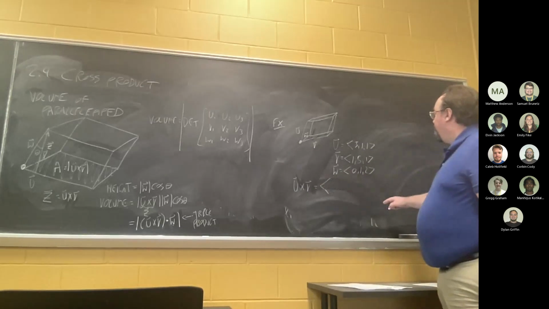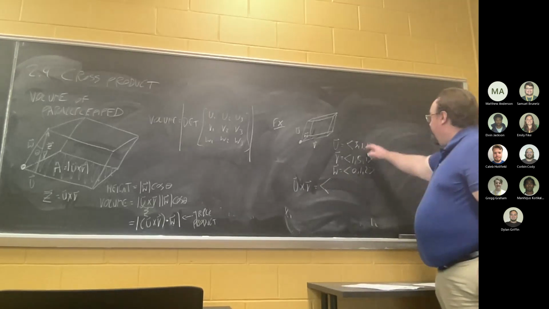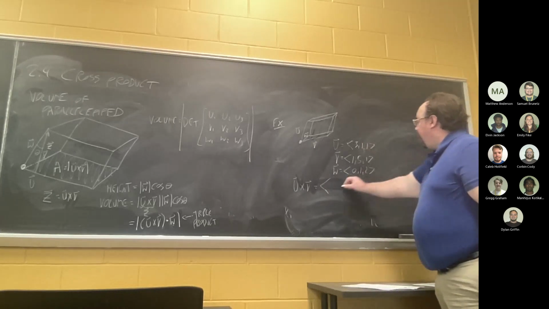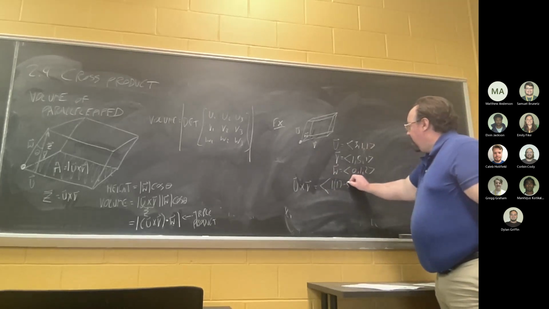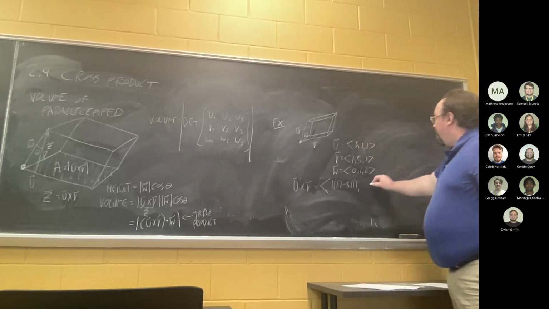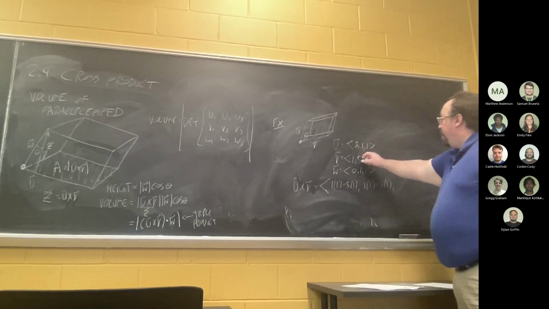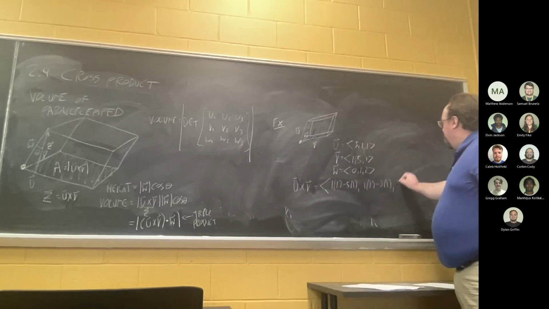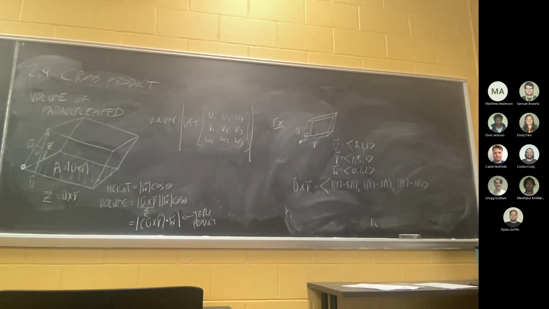So that's going to be 1 times 1 minus 5 times 1, and then 1 times 1 minus 3 times 1, then I have 3 times 5 minus 1 times 1. So that gives us minus 4, minus 2, and 14.